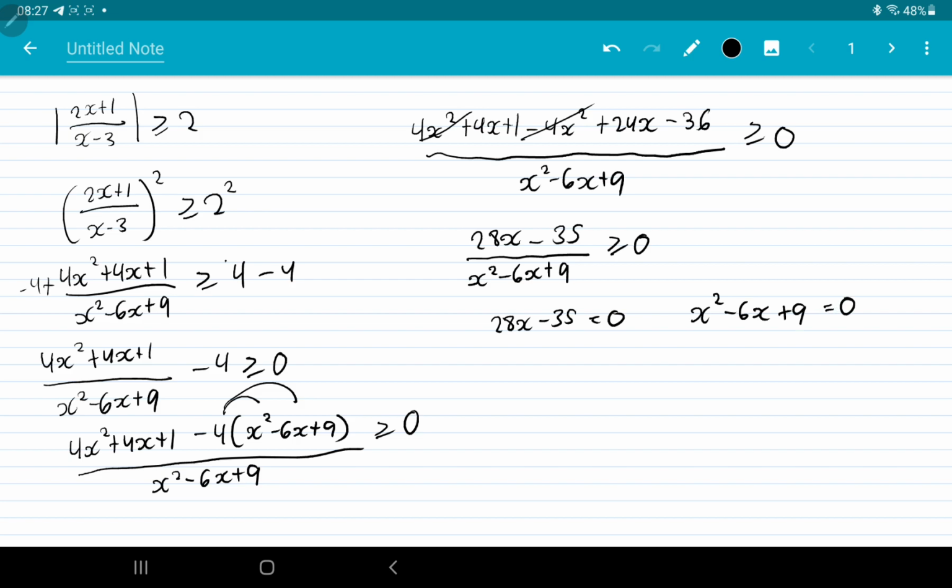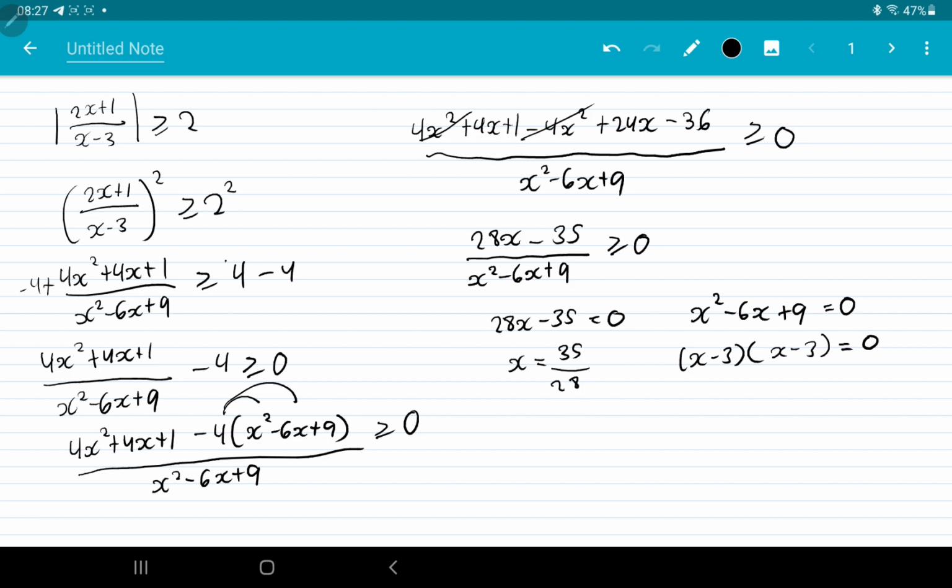Now we can find the factors for x. The first one is x equal to 35 over 28, and we can factorize the quadratic, which gives 1, negative 6, 9. So it should be x minus 3, and x minus 3.